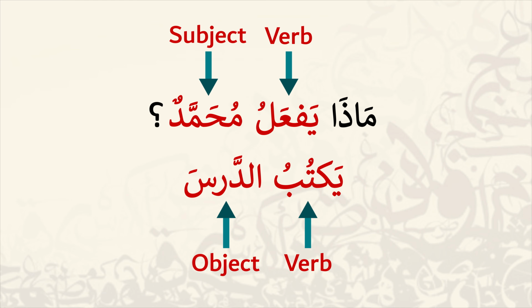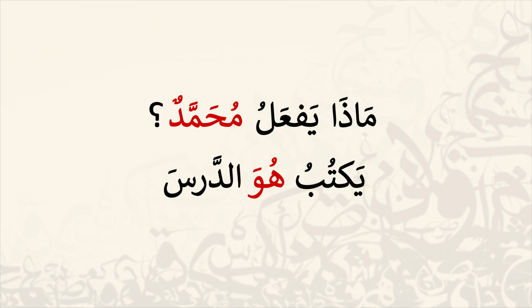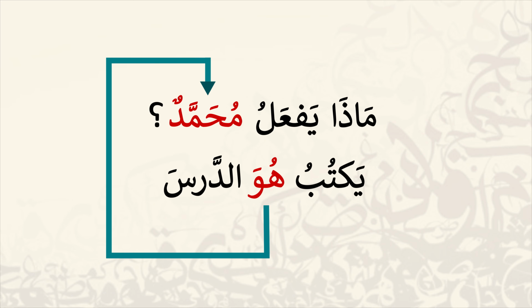Why? It is a hidden pronoun, and its estimation is هو, he. So this sentence was originally like this. يكتب هو الدرس. He writes the lesson, or he is writing the lesson. But we hide it because the person we are talking about is obvious from the question, Muhammad.